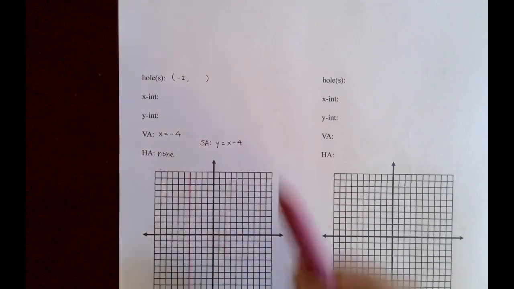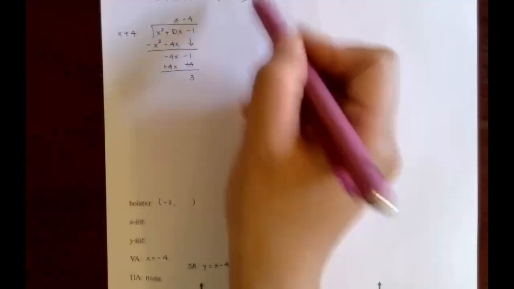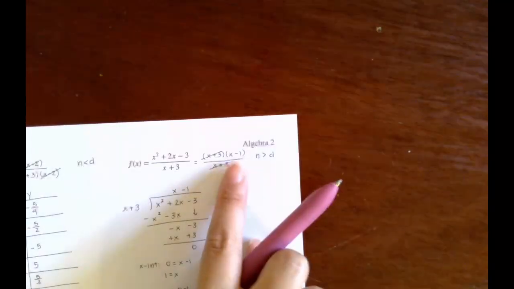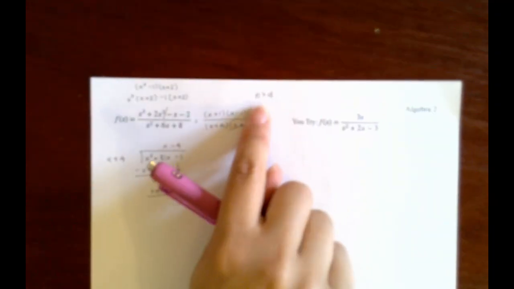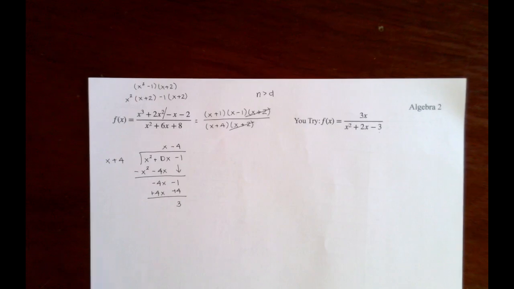Okay, so I just want to clarify again about the slant asymptote. The one before didn't have one because it was no longer a rational function, essentially, since we were just left with x minus 1, so then this didn't count. Okay, but here, it's still a rational function. That's why we have a slant asymptote.